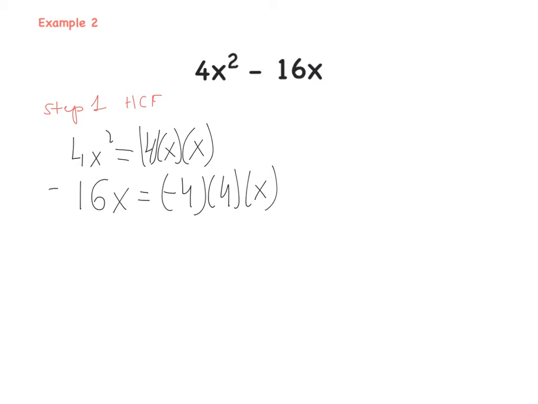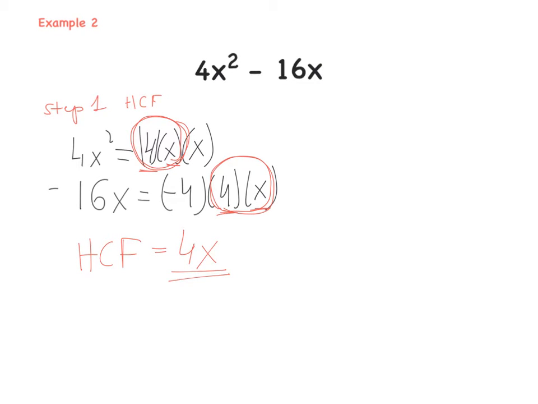Now we need to look at these factors and find the highest common factor. It might be just a letter, or just a number, or we can have a term as a factor. So here we have 4x as the highest common factor. Very good.